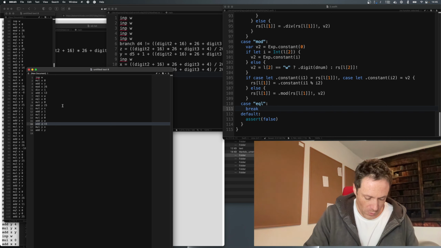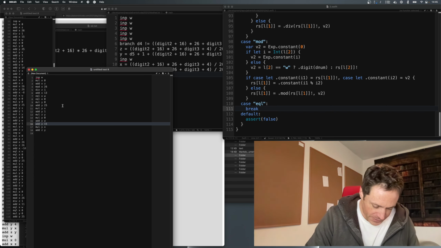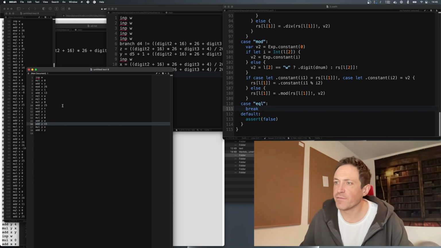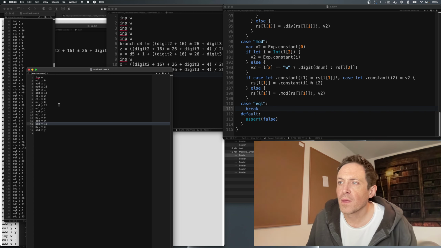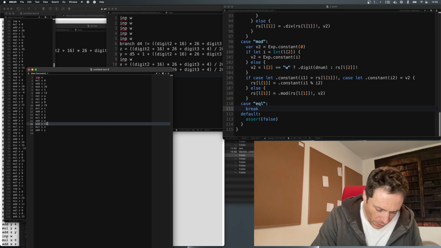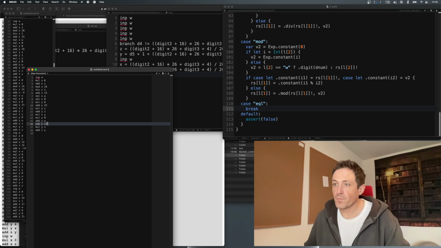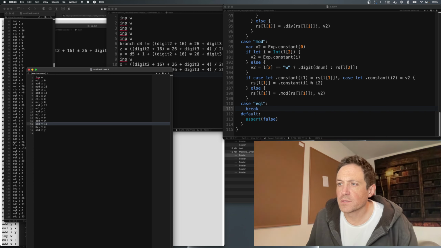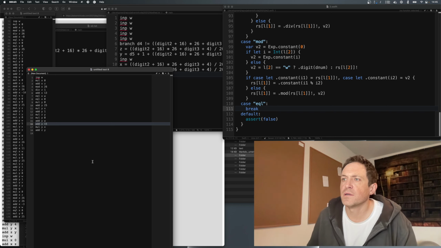On the 5th iteration, x is negative 8. Everything else is the same, and then this time y gets 1. Okay, and then we have another iteration.